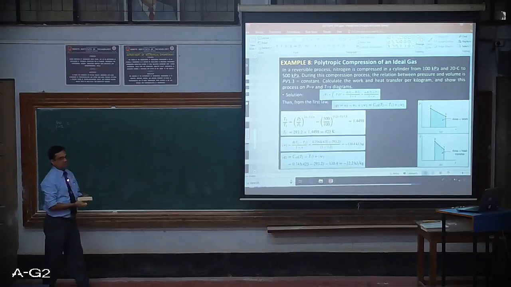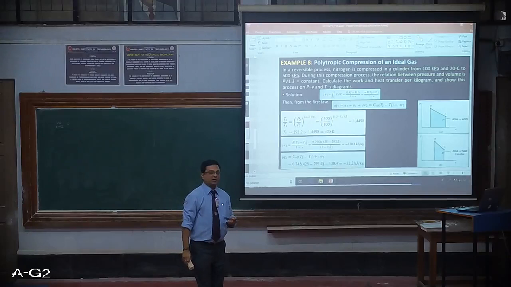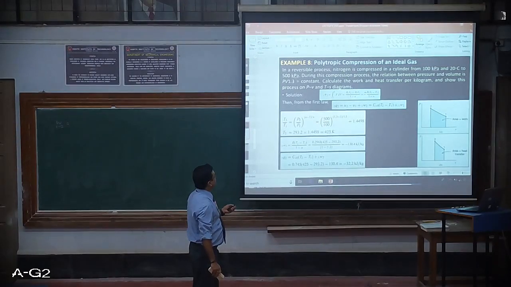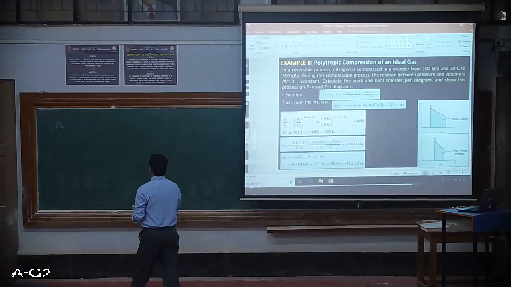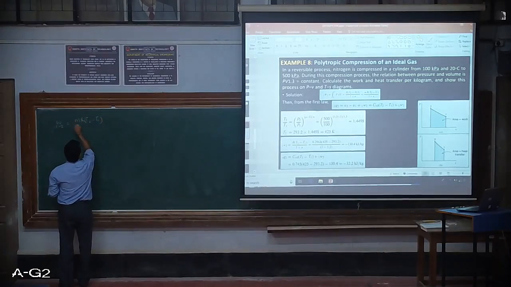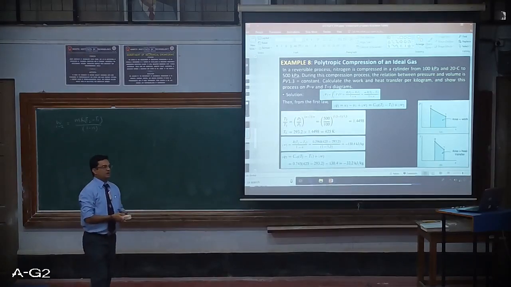Since it is asked on a per kg basis, I'll write it as specific work and specific heat. Specific work is given by integral PdV, which is (P2V2 minus P1V1) by (1 minus n), or mR(T2 minus T1) by (1 minus n), which we have just obtained. So I'll write the final equation as mR(T2 minus T1) by (1 minus n). This is the equation that will give us the amount of work done.